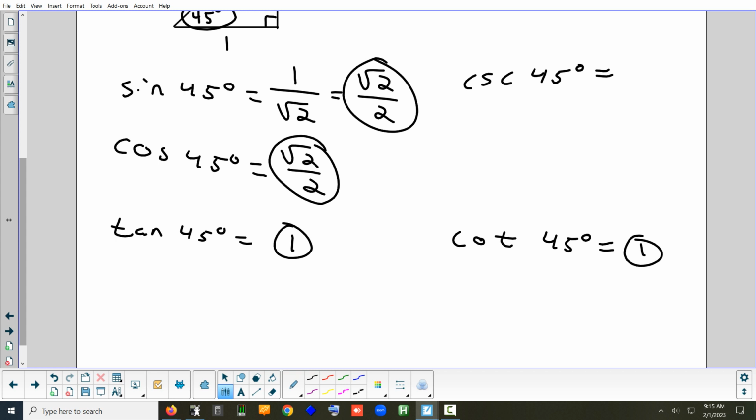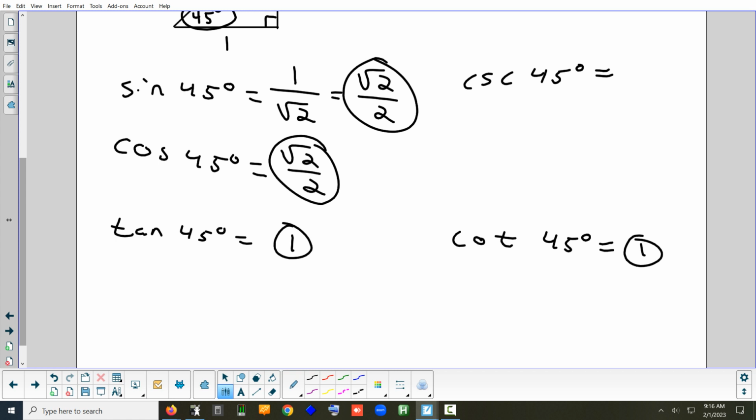Okay. I think we've got enough information to figure out the cosecant without having to do any extra work. The answer is basically right up there. What's my cosecant going to be? Square root of 2. You could have flipped either one of these two answers. The problem is if you flip the second one, the root goes back to the bottom, then you've got to fix it again. So don't flip the second one. Flip the first one.